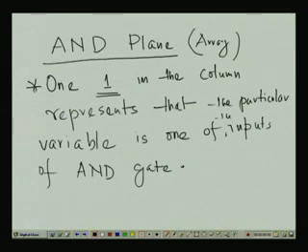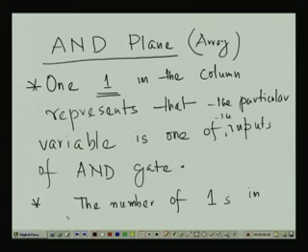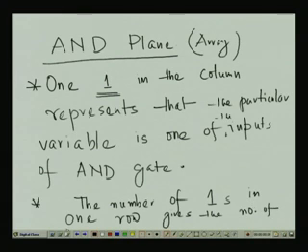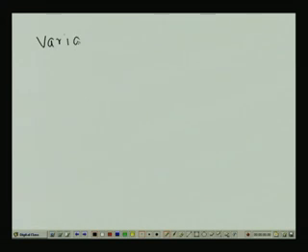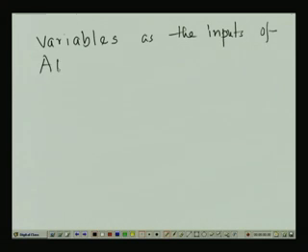and the number of ones in one row gives the number of variables as the inputs of the AND gate, or actually it determines how many inputs of the AND gate are needed.